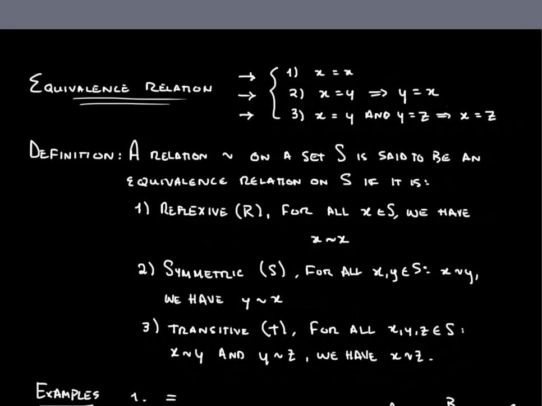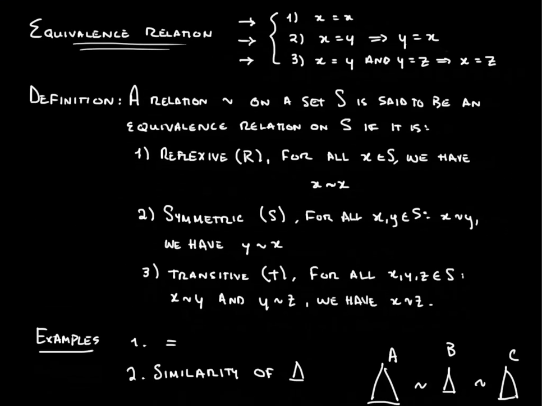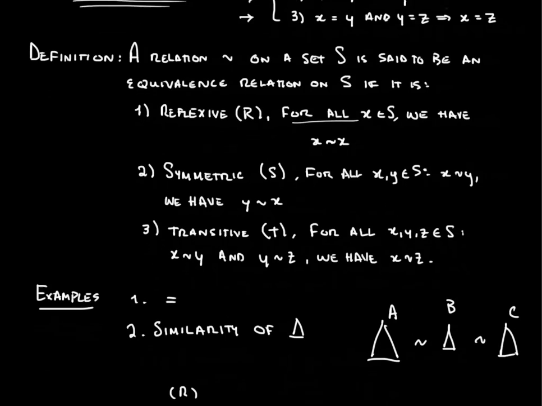So let's go over an overview. Remember that a relation on a set S is said to be an equivalence relation on S if it is reflexive, which means that for all x that is in S, we have that x is related to itself. It is symmetric, which means that for all x and y that are in S such that x is related to y, we have y is related to x.